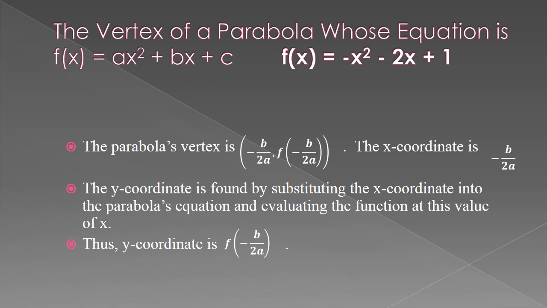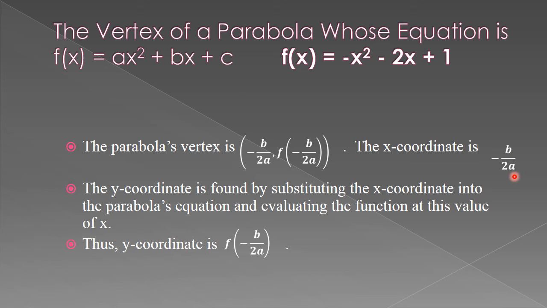And it's a little bit more difficult to find the vertex if your parabola is in the form with a, b, c, like in this example. In this case, the x coordinate for the vertex you will find with the formula negative b over 2a.